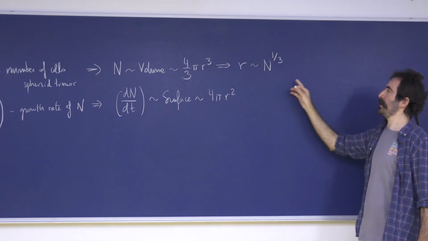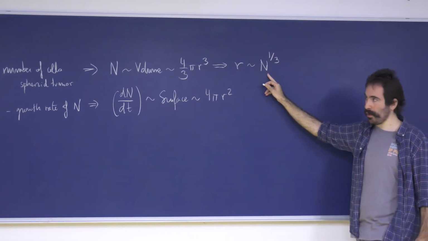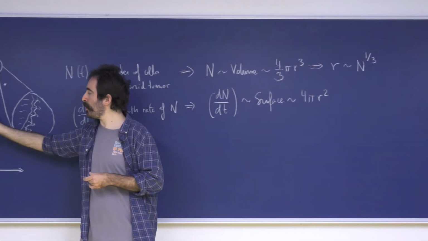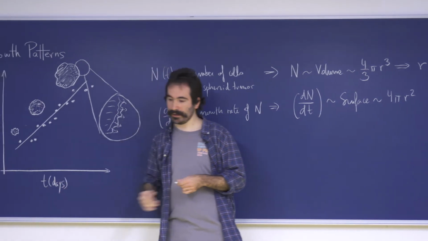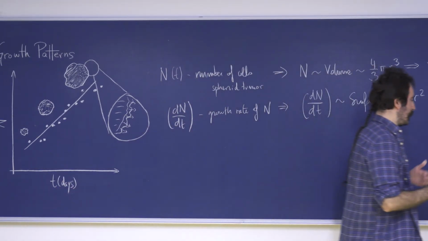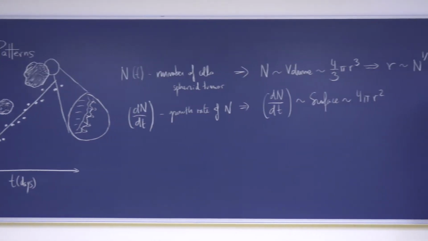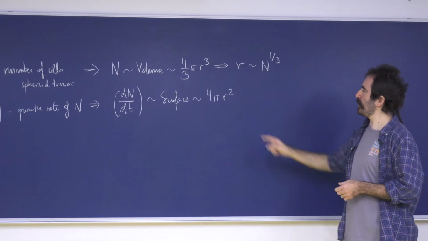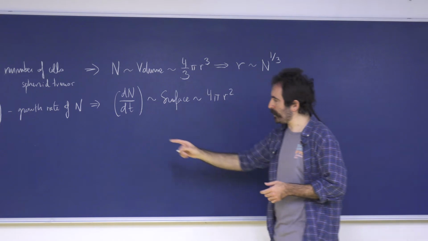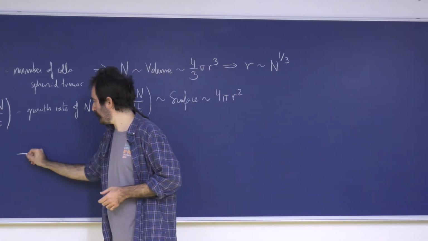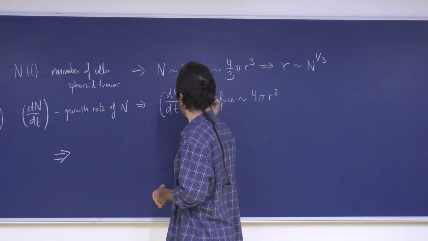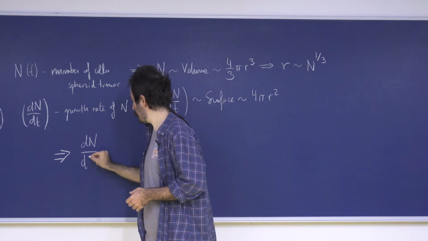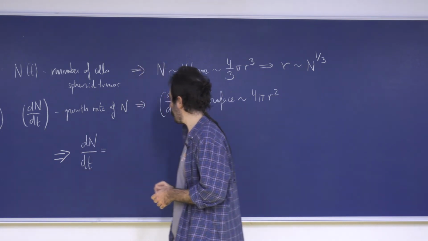Notice that already here we are seeing N to the 1/3, which is the choice with which they started the problem, the choice by which they started plotting this data. It's of course not random. Now we can plug this proportionality over here in order to obtain what I'm going to write over here, right? So basically from these considerations we can find that there's going to be this law of proportionality.